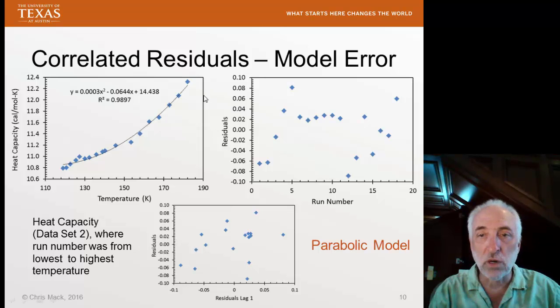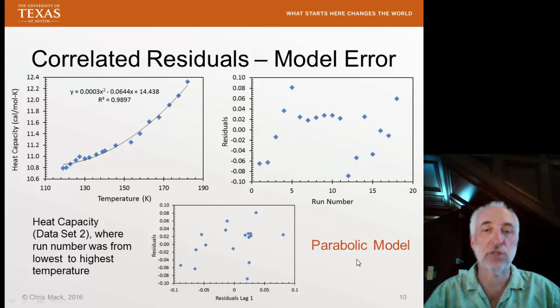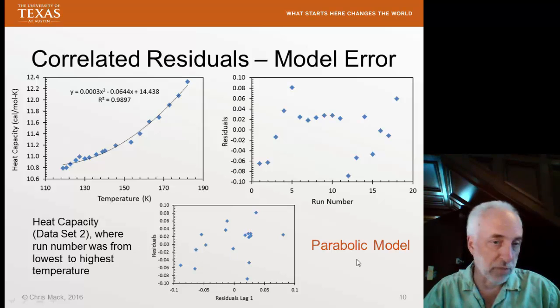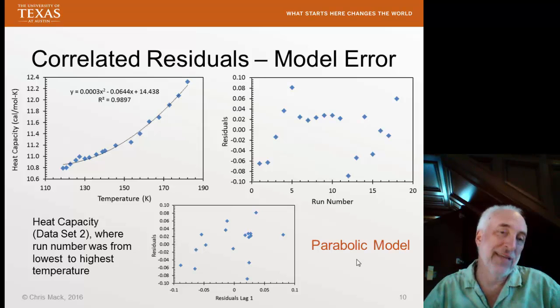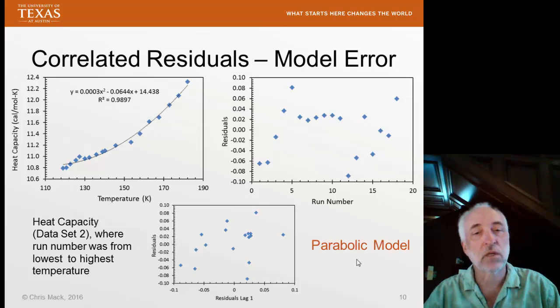Now the run sequence plot shows a lot more randomness, and the lag 1 plot also shows no positive correlation. It seems like a bunch of random numbers. If you have model error and you haven't randomized, then you will see correlated residuals. One residual correlated with previous residual due to model error.